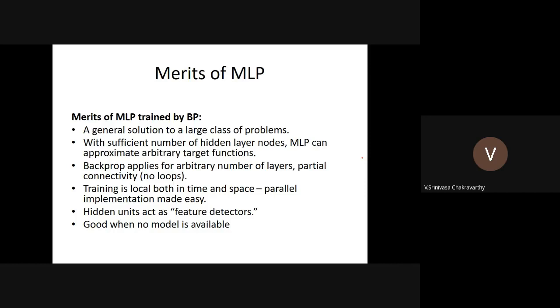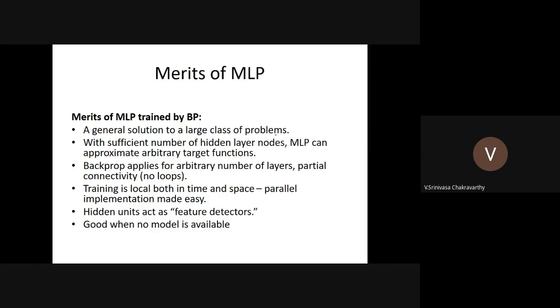You just take a lot of example data from that problem, and then you train the network. The network will learn a mapping, but you don't ask what the network is doing. It is acting like a black box which maps an input vector onto some output vector. But the beauty of it is it's a general solution to a large class of problems.